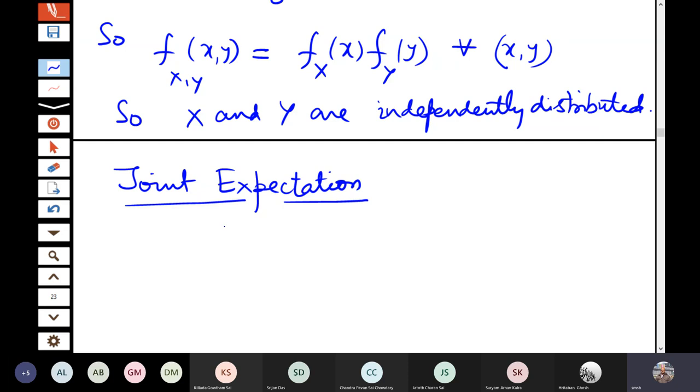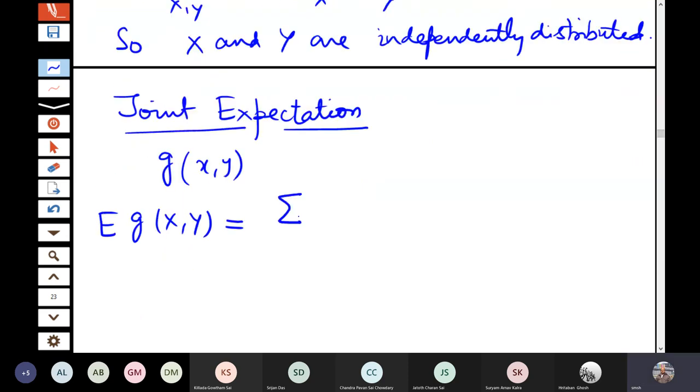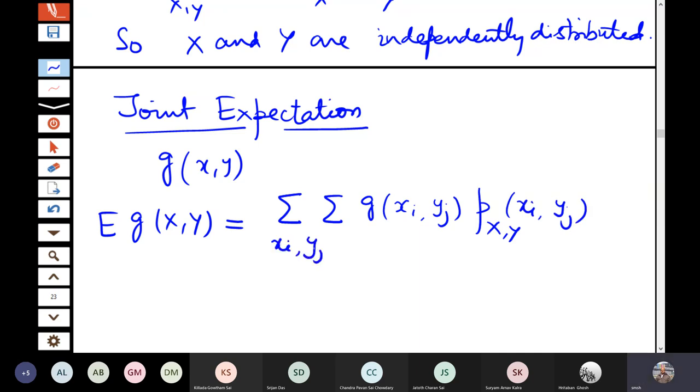So if I have g, a function of x and y, we consider the expectation of g(x,y). If both x and y are discrete, then this will become a double summation of g(xi, yj), where the sum is over all xi, yj.